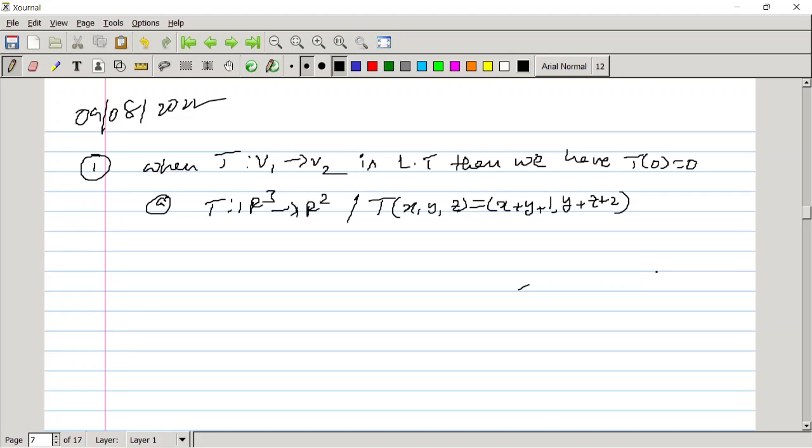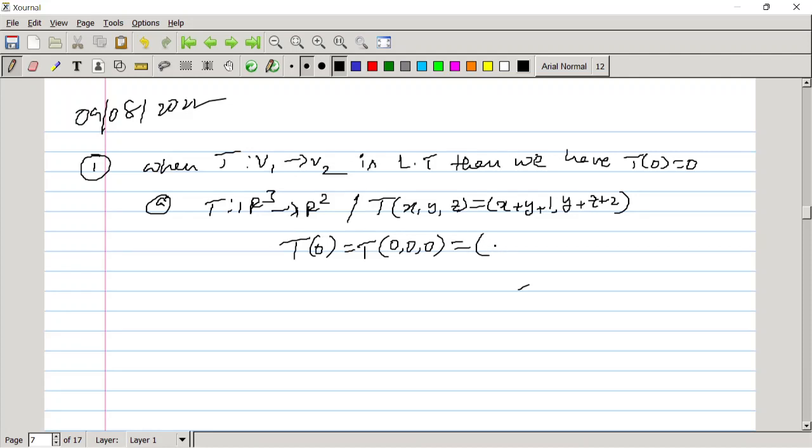By using the statement I stated above, we can check this. If T is a linear transformation, it should satisfy T of 0 equals 0. But let's see the image of 0 under this function. T of 0 is T of (0, 0, 0).